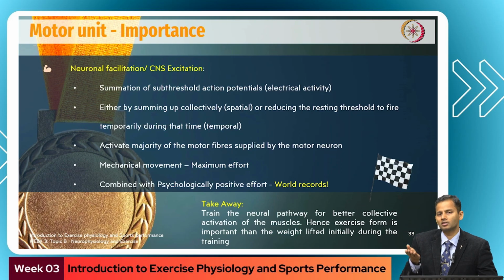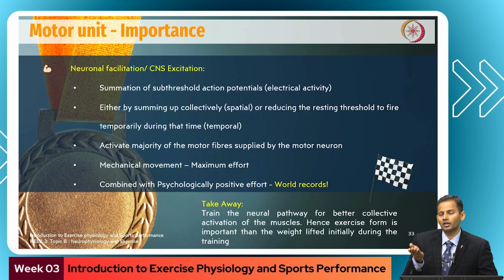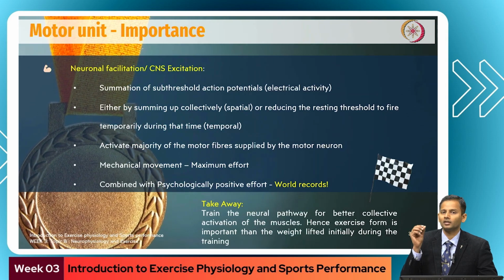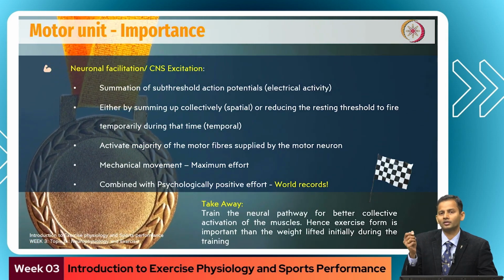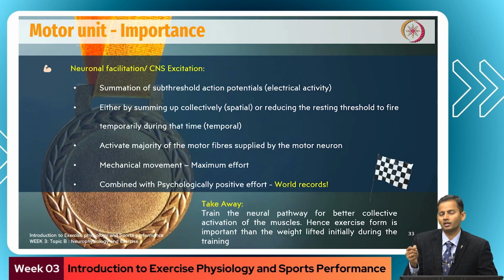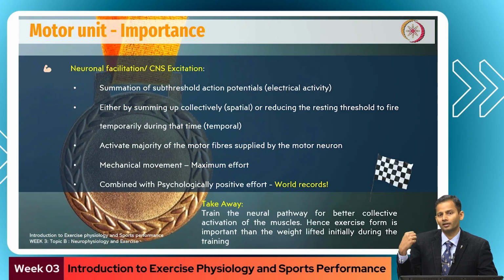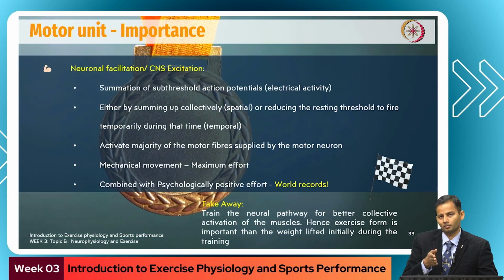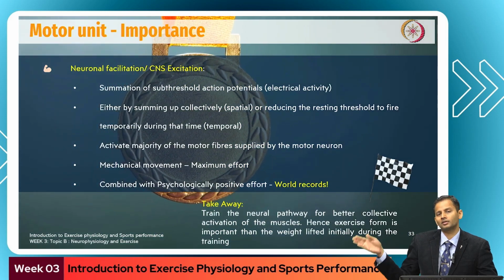In the initial stages, you are training the neural system so that the right kind of firing of the neurons can take place, which ends up in a collective mechanical effort. So neural training comes prior to the actual muscle loading.